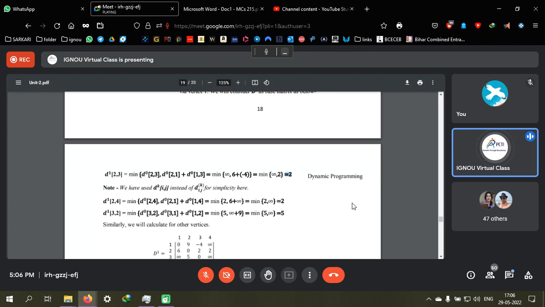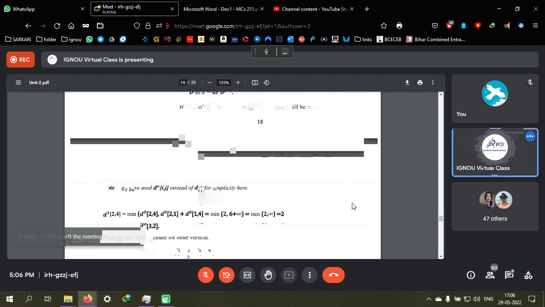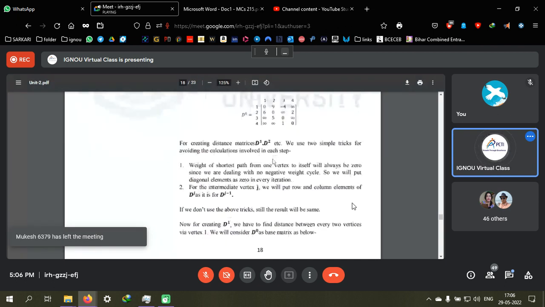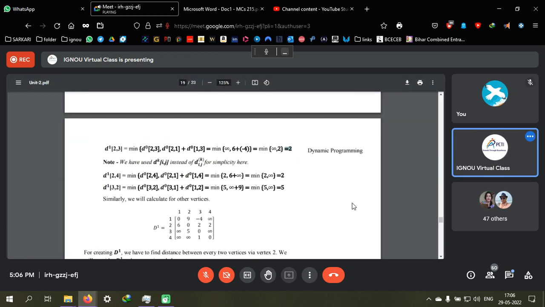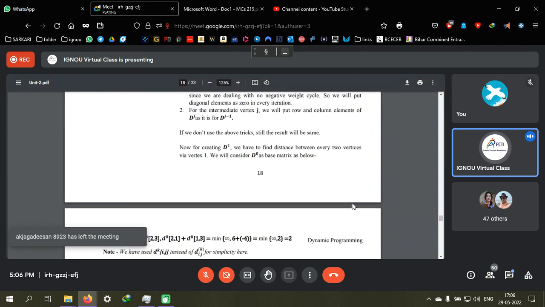Yes, ma'am. Okay. Similarly, I have to compute the value for 2, 4. Right? We have to do this via vertex 1.